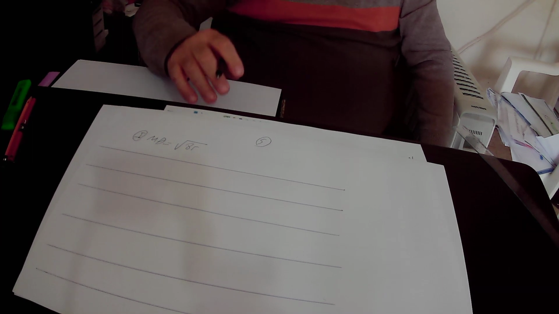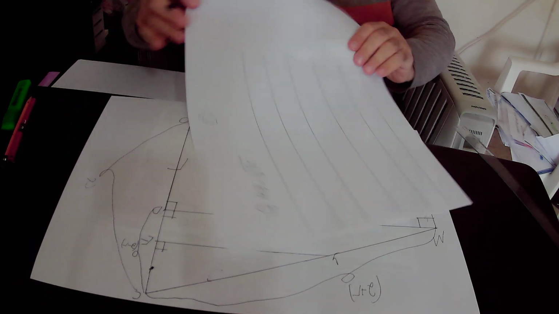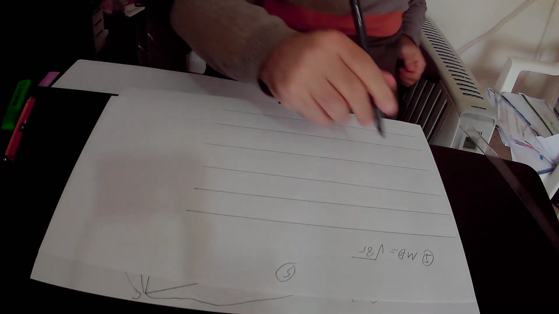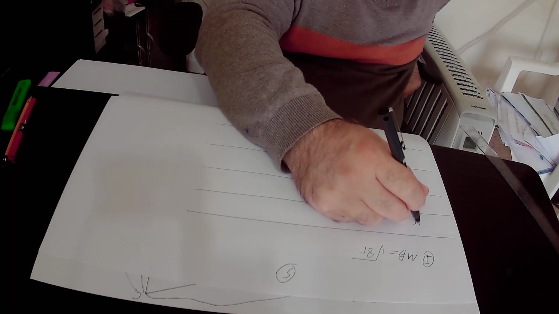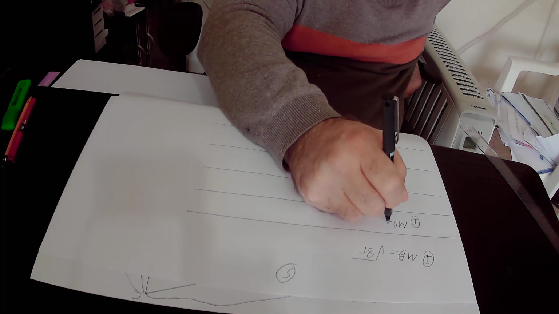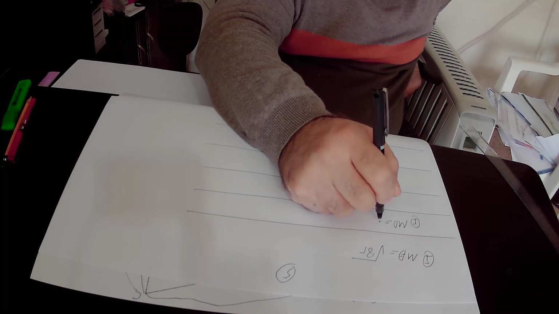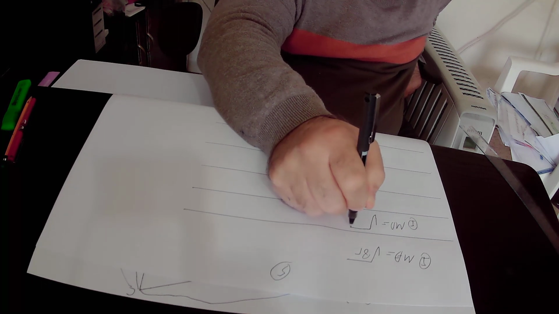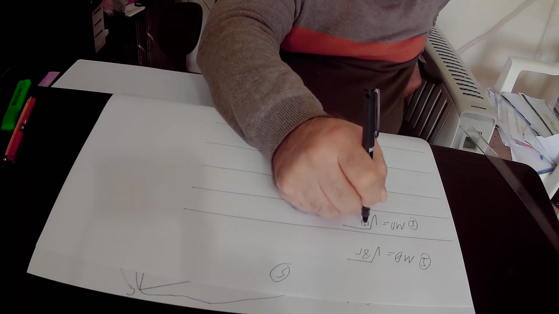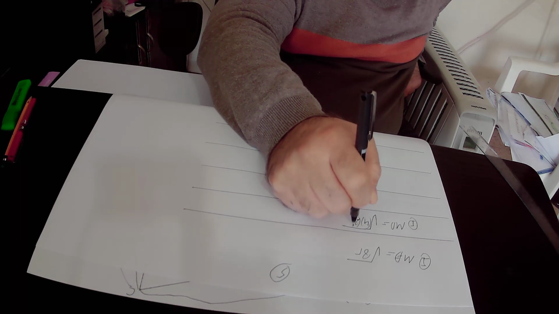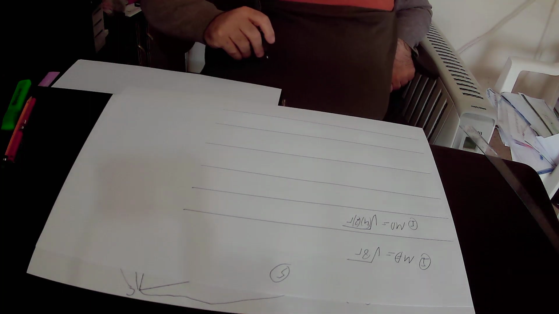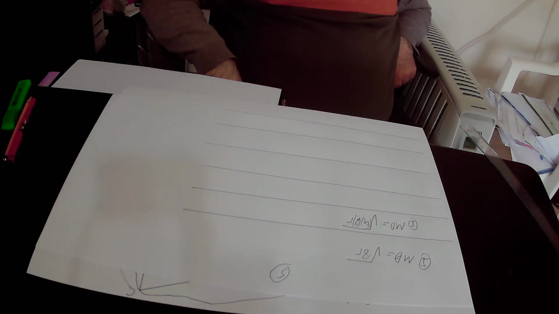We know that 8 is 4 times 2, so we substitute 8 by 4 times 2. So MD equals the square root of 4 times 2 times R. And we know that the square root of 4 is 2, so we write it down.